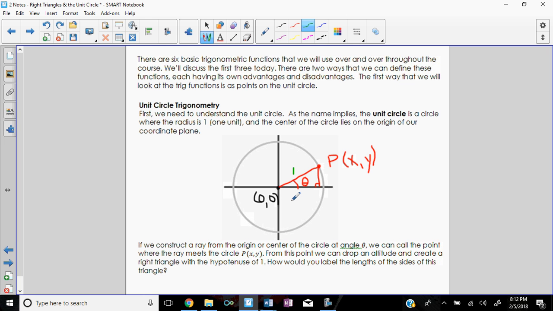And then if we think about the lengths of the sides of my triangle, so here's my point x, y, the length of the base of my triangle is actually going to be the value of x. And the height of my triangle, if you think about the y-axis, is going to correspond to the value of y in my ordered pair. And essentially what we're going to do is look at some really common angles, and then we're going to identify all the points x, y that are associated with them.